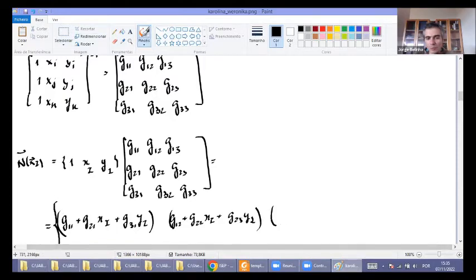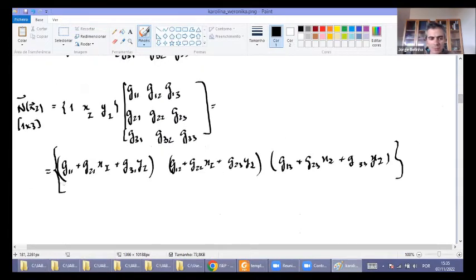It's going to give you a vector of 1 per 3 blocks, and then G13 plus G23 X plus G33 Y.